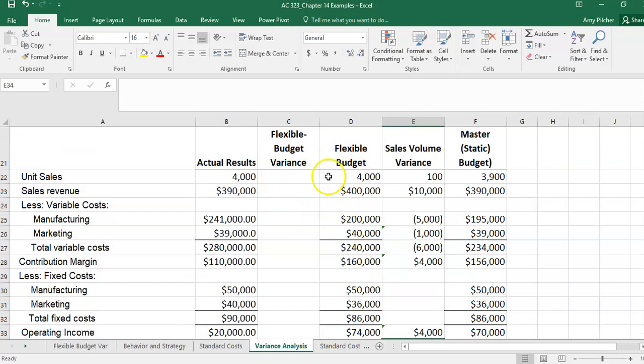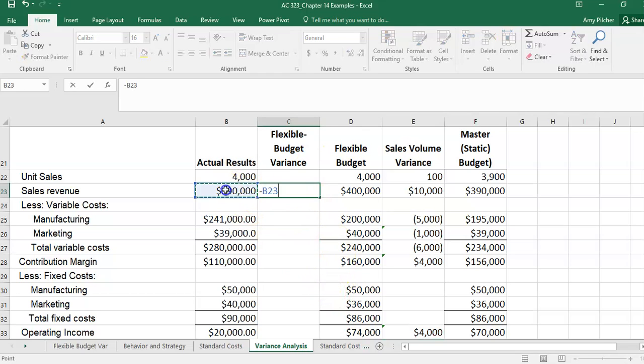Now, when we look at the flexible to actual, our sales are zero, our units are zero variance. We have a $10,000 unfavorable variance in sales revenues. We have a $41,000 unfavorable variance in our costs.